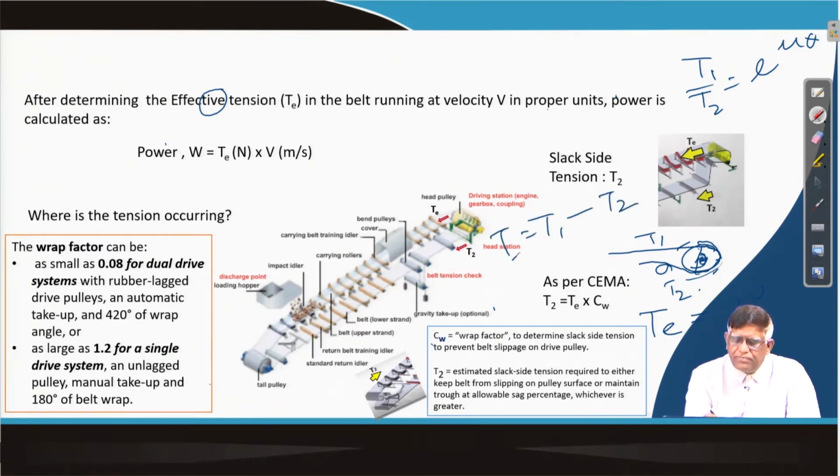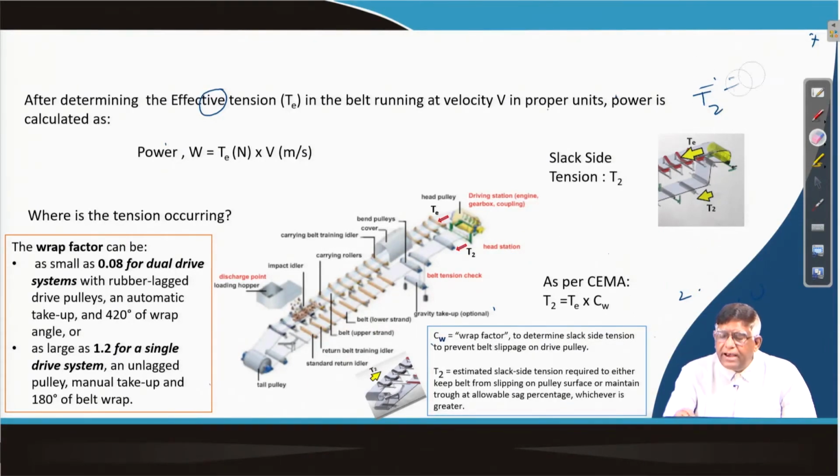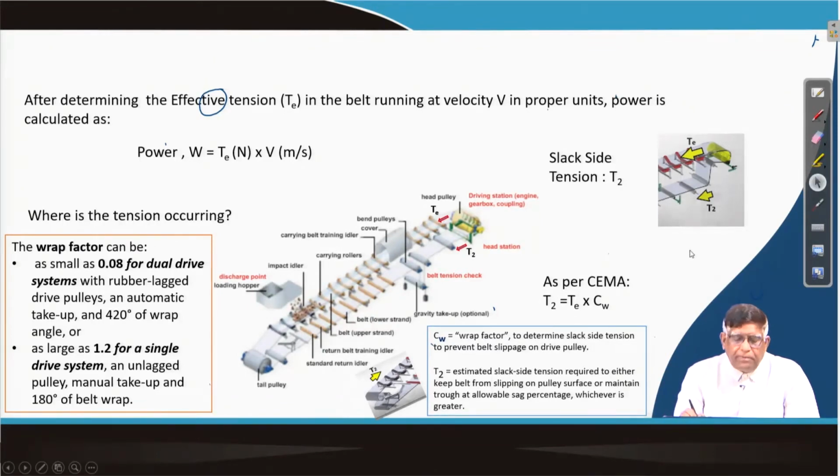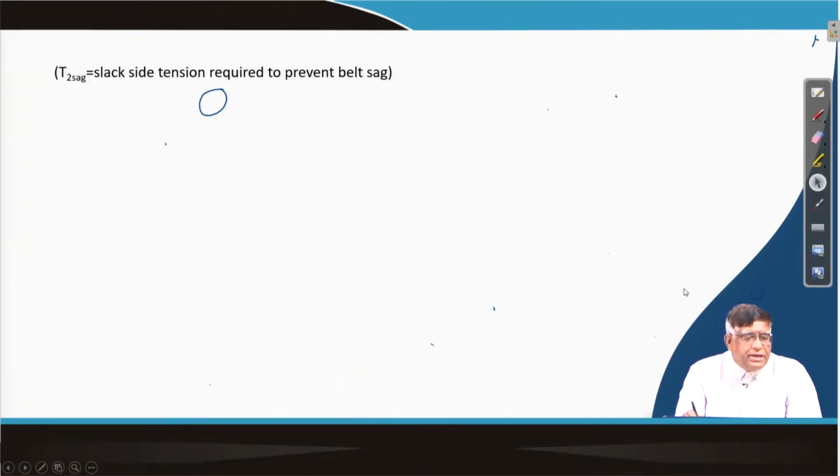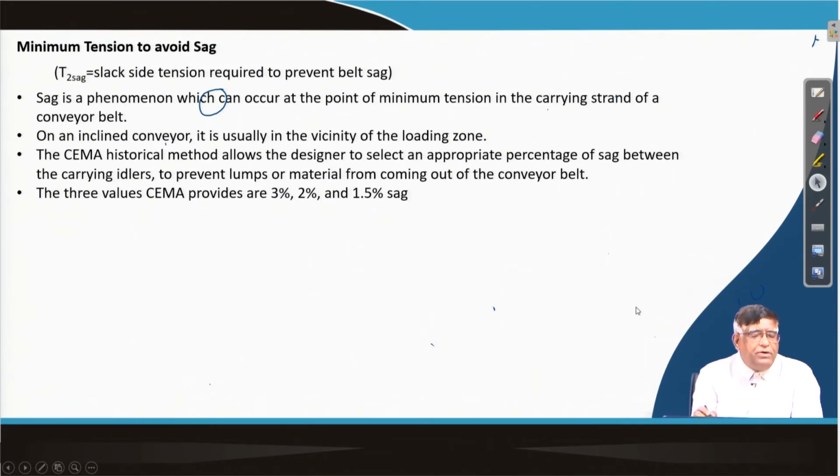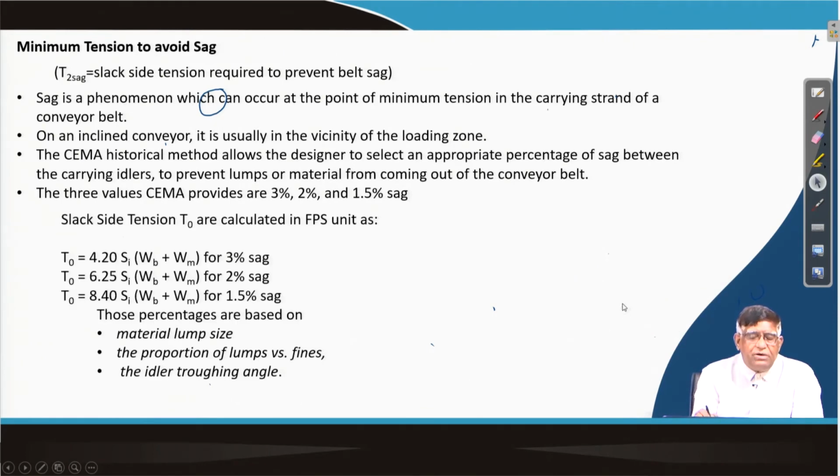Once you find these, you can calculate the power. Now, if you find the maximum tension, we will have to avoid sag. The slack side tension T0 is calculated by the given equations.